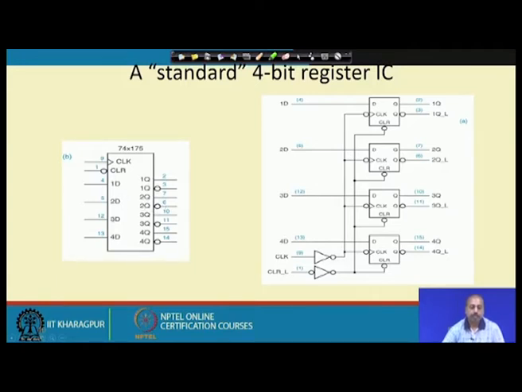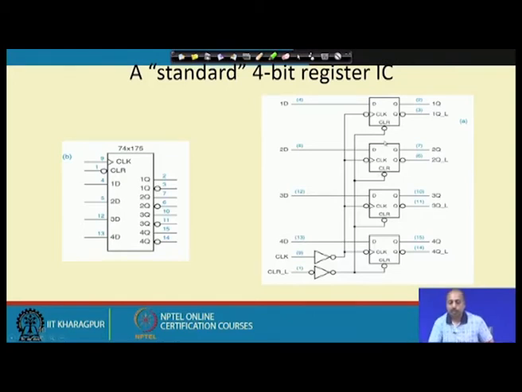This is how the chip is organized, with the clear and the clock common for all the flip flops. If the clear signal is made 0, all the Q values will be made equal to 0 and the Q bar lines will be made equal to 1. The clock signal is required, and this symbol shows that it is a positive edge triggered flip flop. The internal diagram is like this.